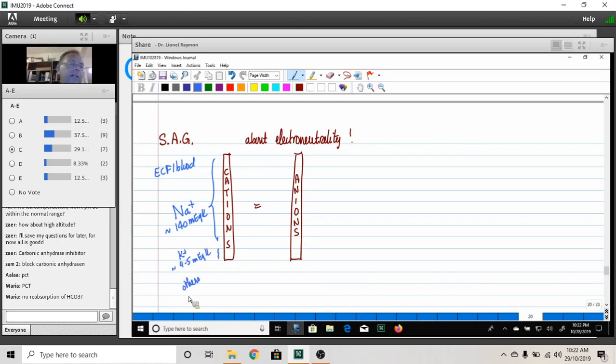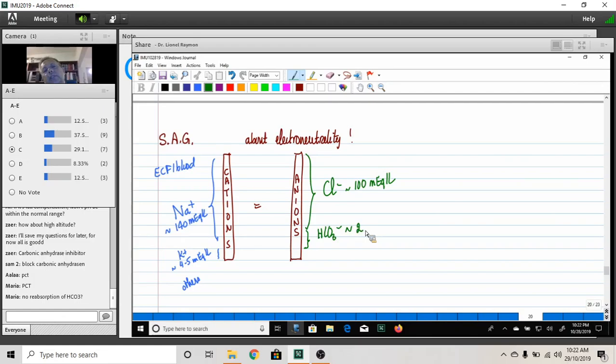And there are others that are even less than this. For the anion, a big anion is chloride, anywhere between 96 and 106, so around 100 milliequivalent per liter. And certainly there's bicarb, which is around 24 milliequivalent per liter.